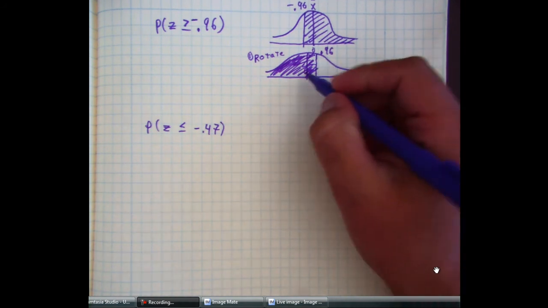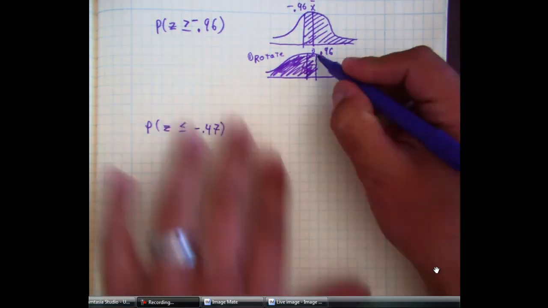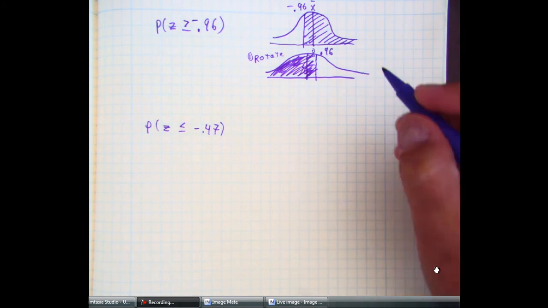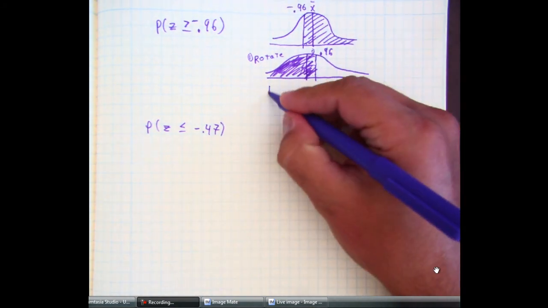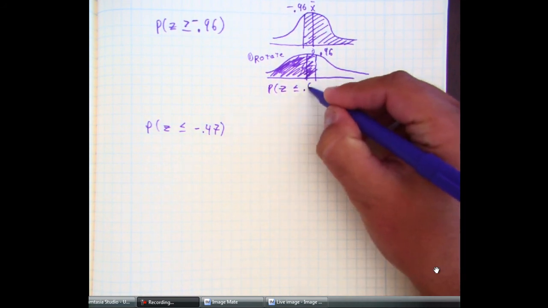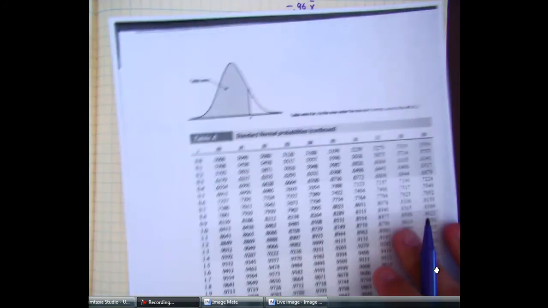Okay, now what we're looking at is a shaded area that's to the left of a positive number. That was the first case that we did today. That's going to be the same as z is less than 0.96. We can find that from the table.